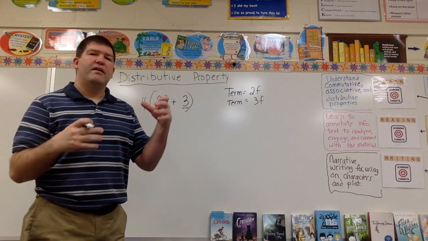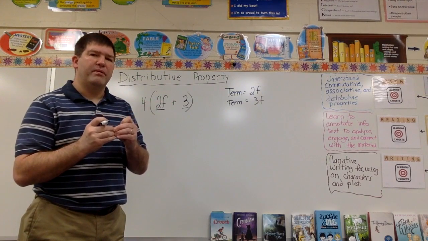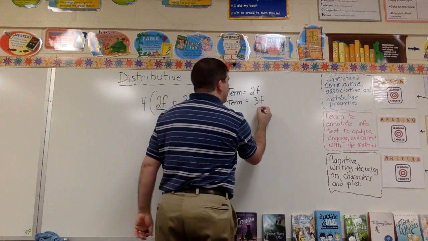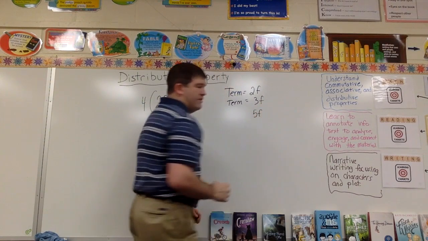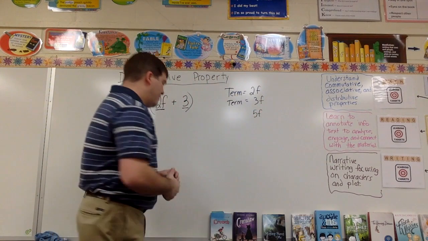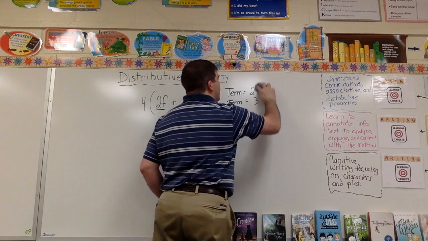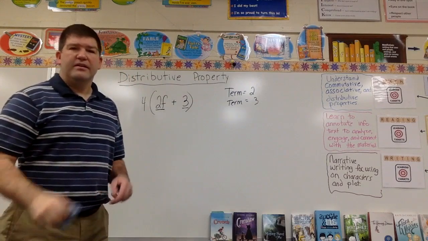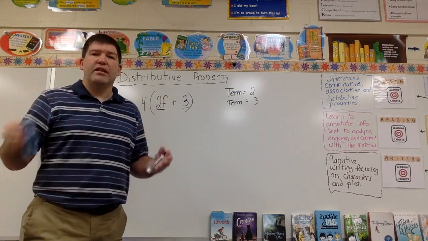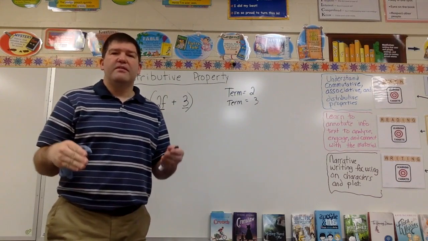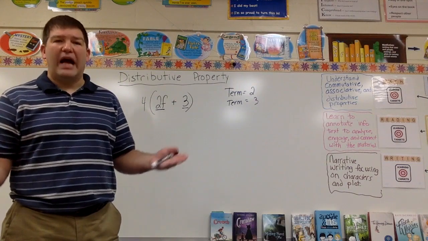They'd both be a number with the same variable, and this would be 5f, okay? Or if this didn't have an f, if it was just 2, then they're just two numbers, and they're like terms. They're both a number. So 2 plus 3 is 5.